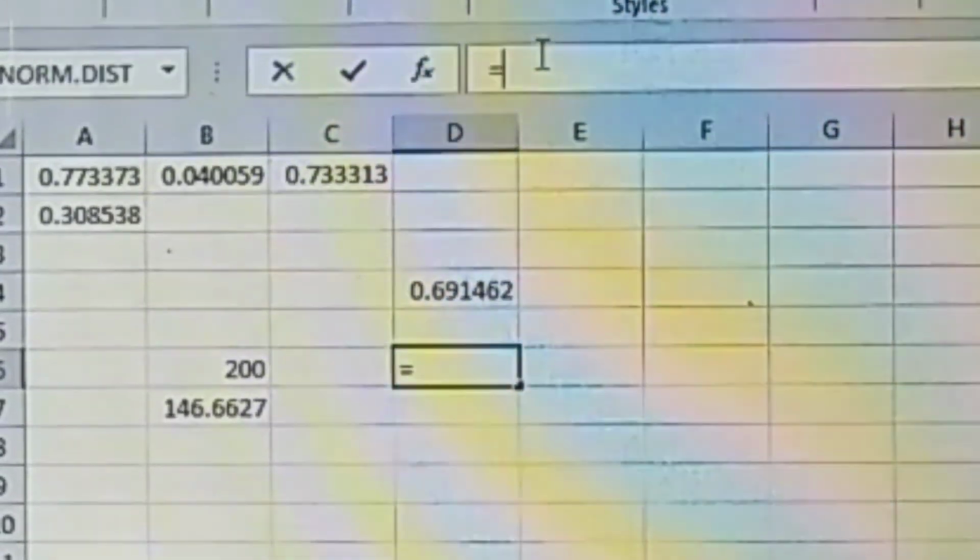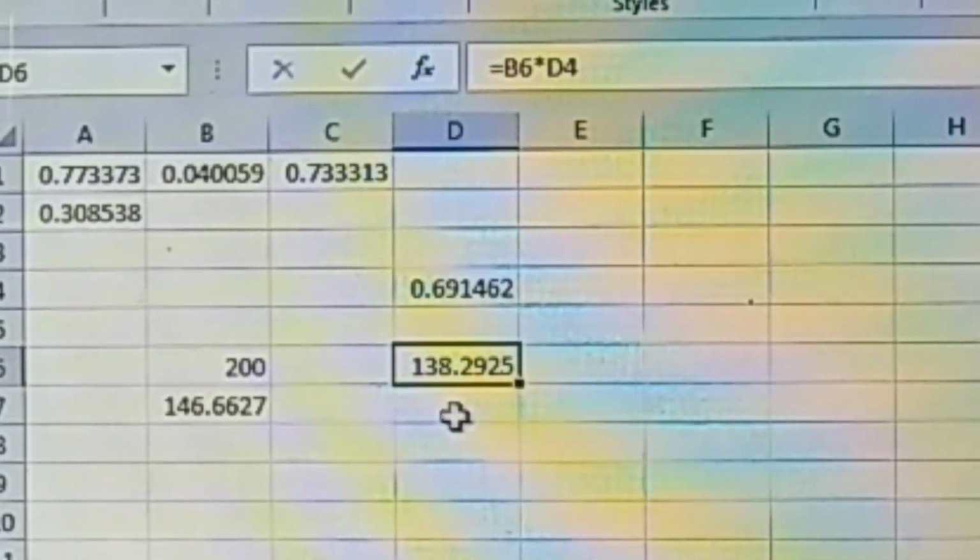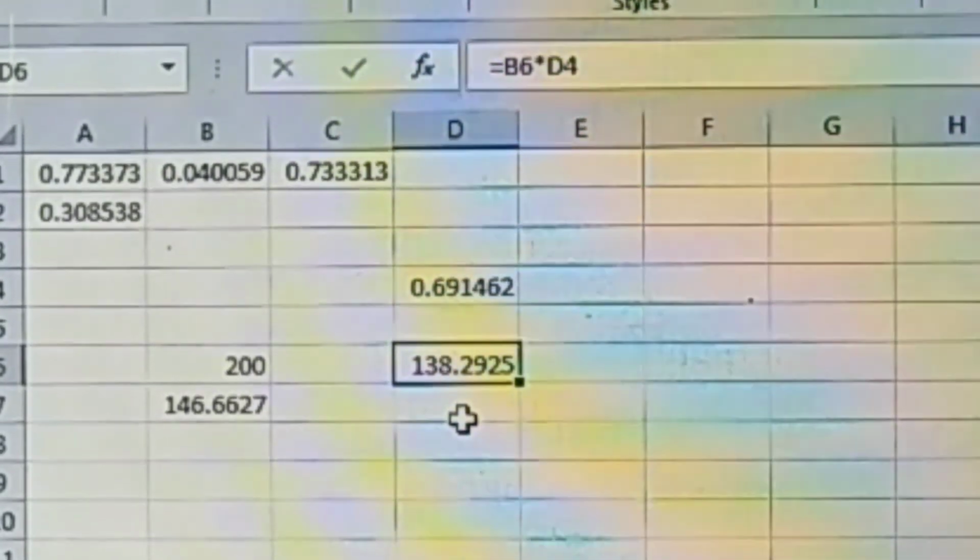And then for the second interval, we have equals, 200 times our answer in number 2, and then we press enter. So we have the value 138.2925, or 139, so we rounded up.